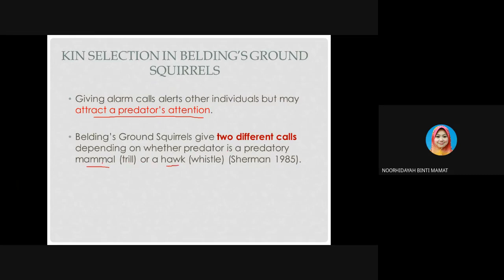If the predator is a mammal, the squirrel will give a trill call. But if the predator is a hawk, it will give an alarm call as a whistle. So they have two different calls.